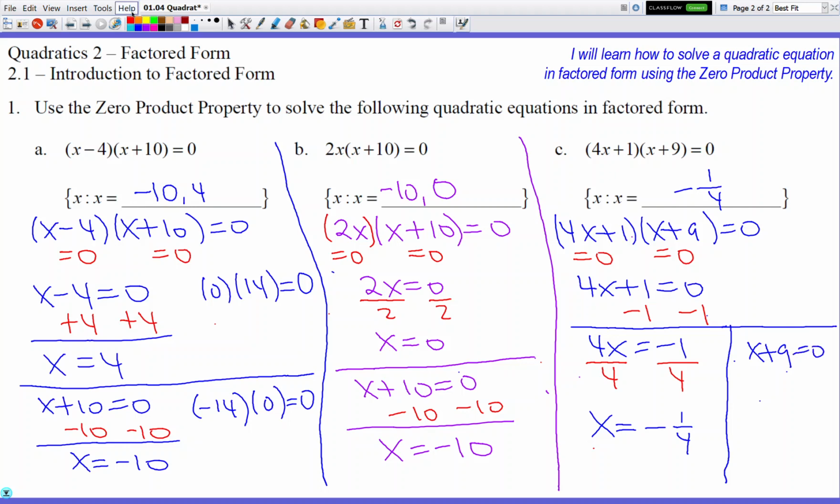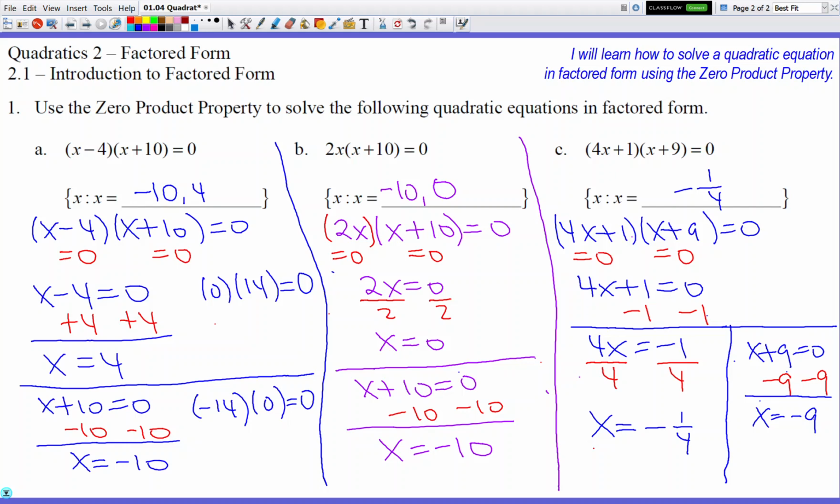And to solve for x, I'm going to get rid of that positive 9 by subtracting it. And I get x equals negative 9. So there's my second answer. And you can check it if you want. I'm not going to require that. For other problems, I'm going to require you to check answers, but for this problem, you just got to trust that you solved for x correctly.